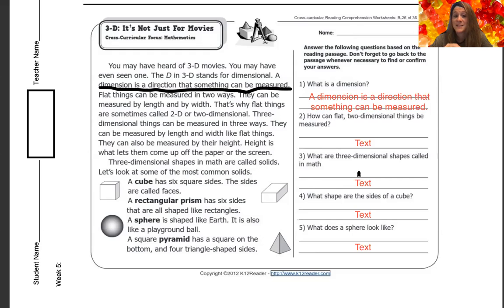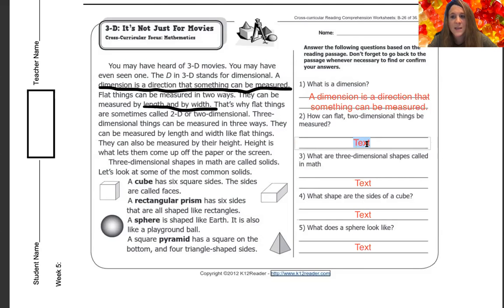The flat objects. Good. Right here, yeah, it says flat things can be measured in 2 ways. They can be measured by length and by width. Okay, so that's what we are going to write down here. We will say, because of spacing, I'm not going to have us restate a lot of these questions.